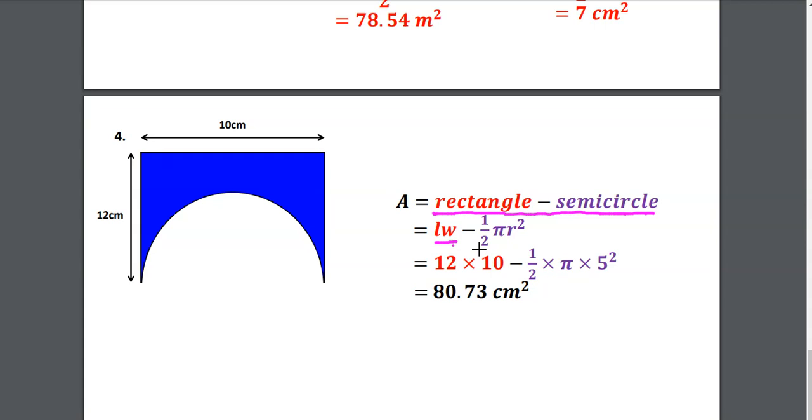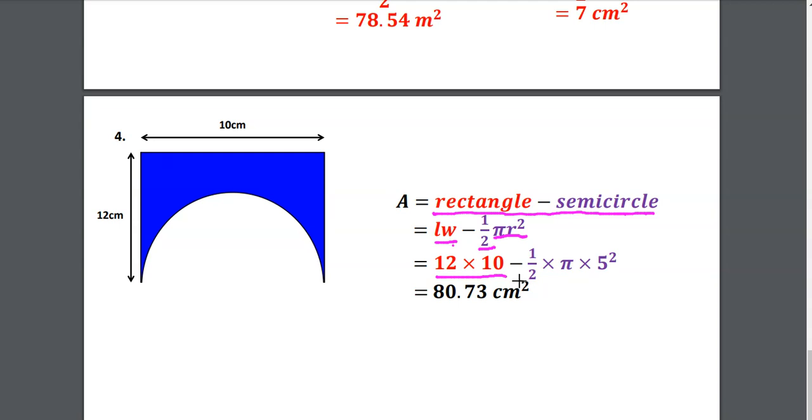Well, it's a half because it's half a circle times the area of a full circle, pi r squared. And then we just substitute in our numbers. So, imagining this as a rectangle, length times width is 10 times 12, or 12 times 10, it doesn't matter. There you go. I've done width times length.